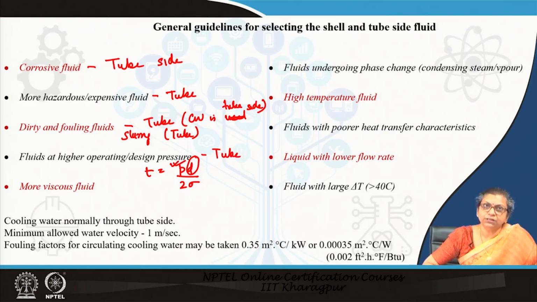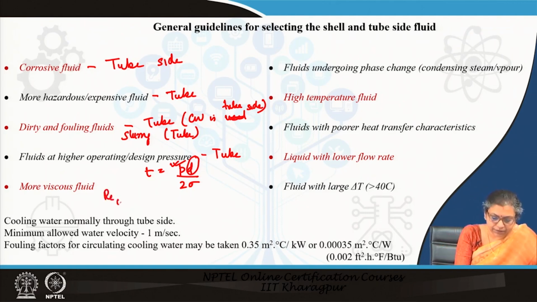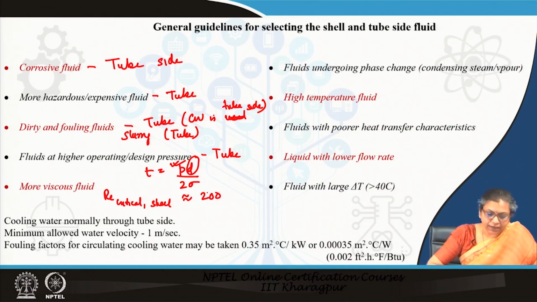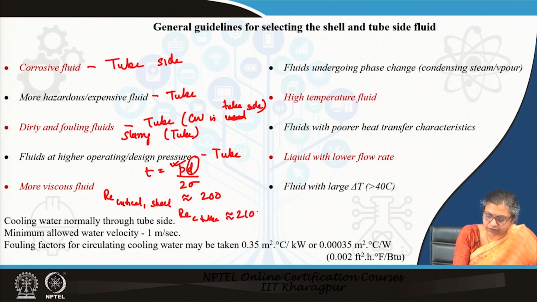Now we come to the more viscous fluid. Where will you like to keep it? Now remember one thing: the critical Reynolds number for the shell side, or the outer tube, is near about 200. While on the tube side, Re critical, you know very well, is around 2100.